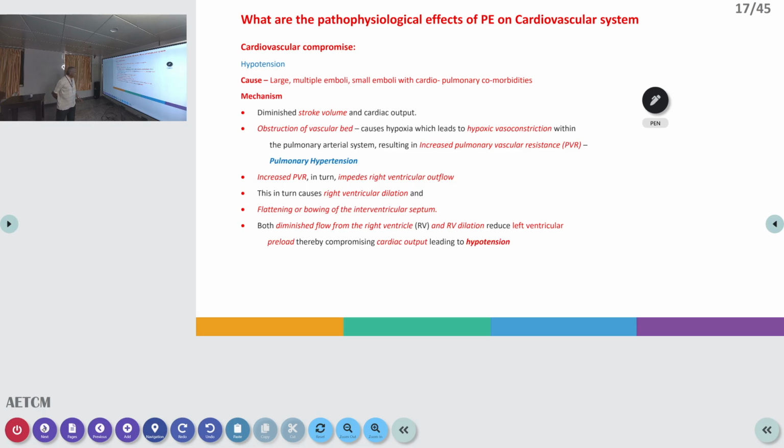This patient may have increased pulmonary vascular resistance, and then there may be right ventricular dilatation. So flattening or bowing of the interventricular septum. The interventricular septum will be pushed towards the left, causing the volume of the left ventricle also to be reduced. So the final end result is hypotension.